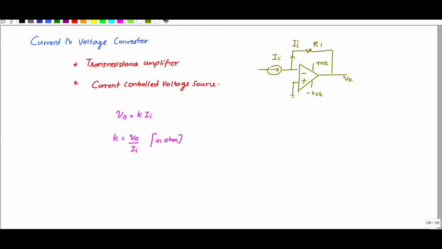Since there is no current flowing into the op-amp, I can write this current as II. Based on the concept of virtual ground, this terminal is 0, since the positive terminal is connected to ground. So I can write 0 minus V0 is equal to II into R1. The input current should be greater than the input bias current; that's the only condition we have to follow.